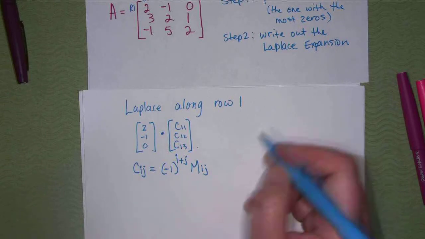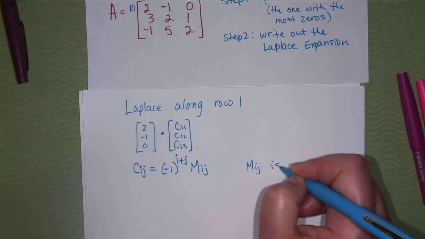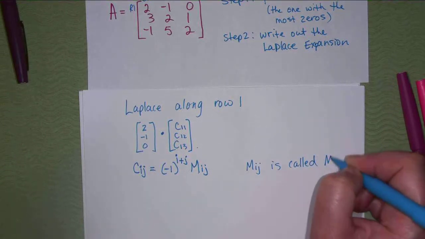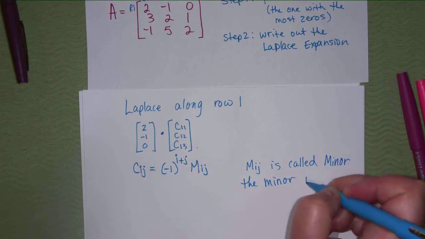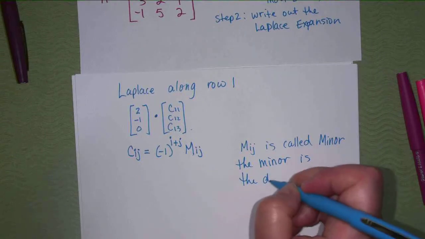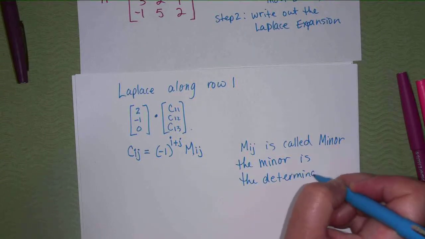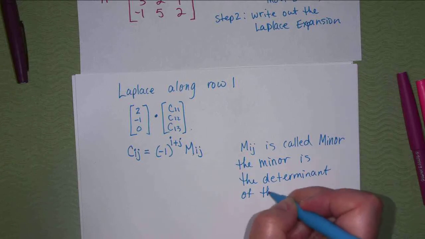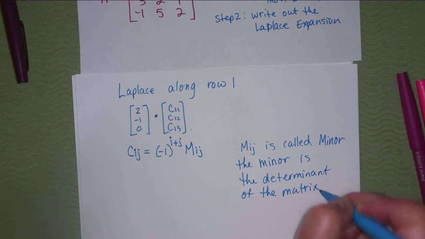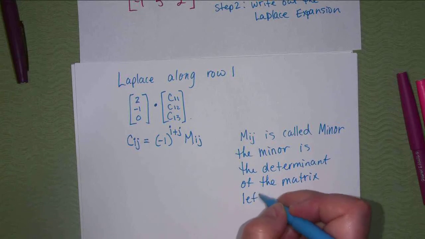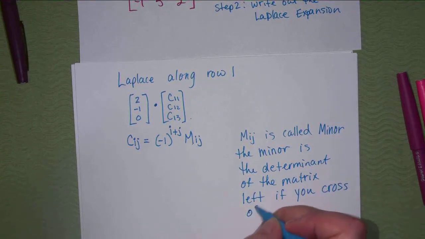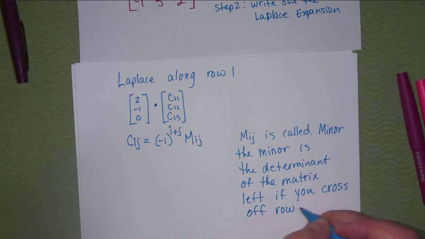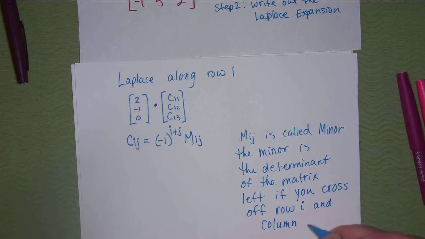The Mij is called the minor. The minor is the determinant of the matrix left if you cross off row i and column j.